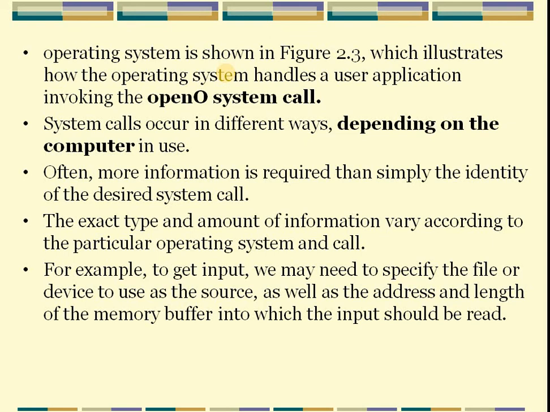The amount of information varies according to the particular operating system. For example, to get input, we may need to specify the file or device to use as the source, as well as the address and length of the memory buffer into which the input should be read.